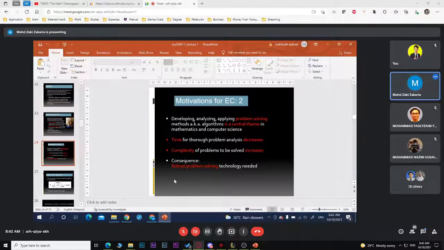For example, for a delivery system using optimization, first we need to know the problem, and then we need to analyze the problem.